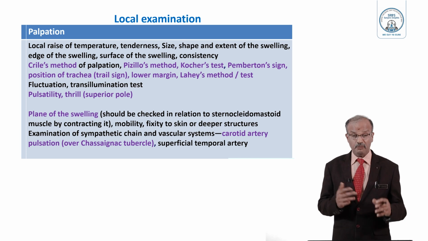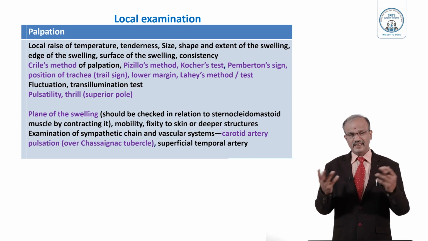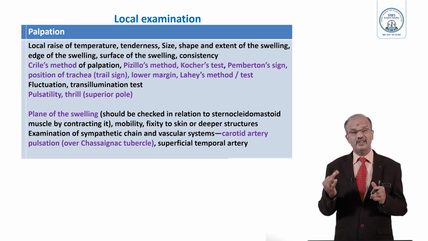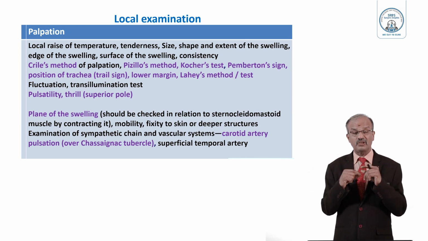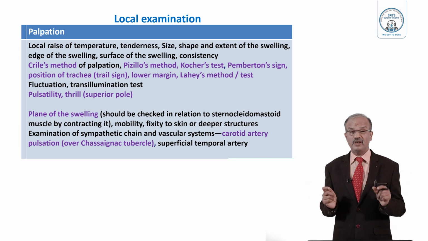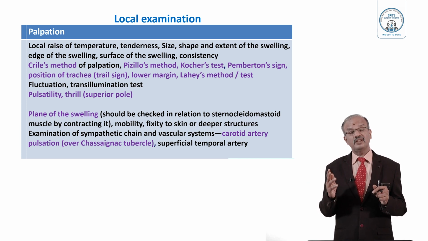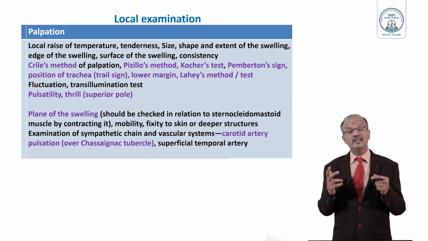Inspection is over; now palpation. Again, same as any swelling: local rise of temperature, tenderness, then size, shape, then measurement, vertically and horizontally, both lobes, then individually different lobes. That also I already told. On surface, smooth or nodular, then margin, lower margin is important. Then consistency.